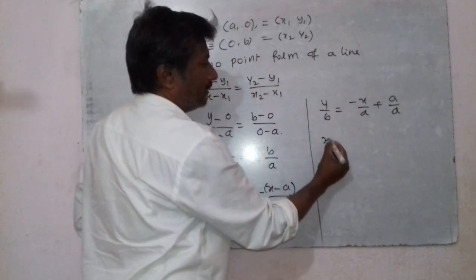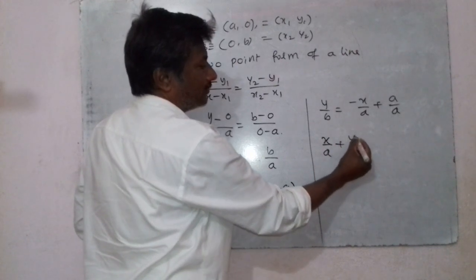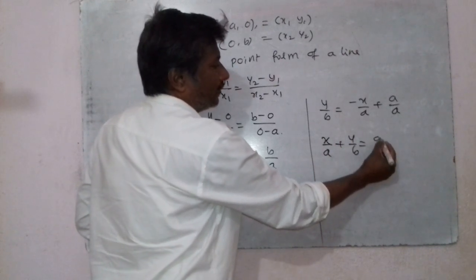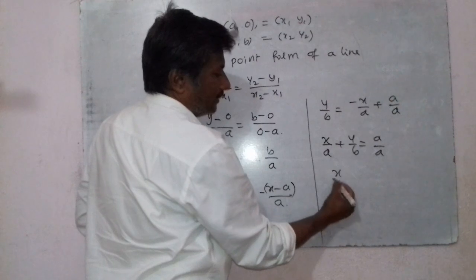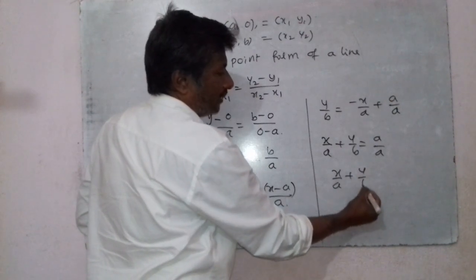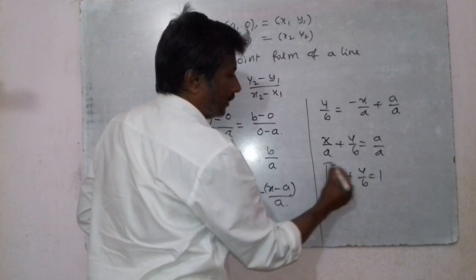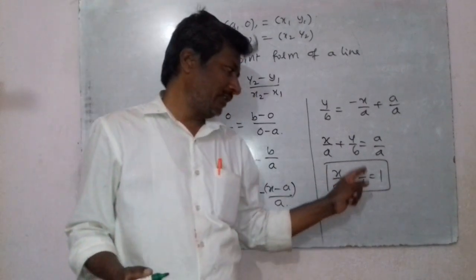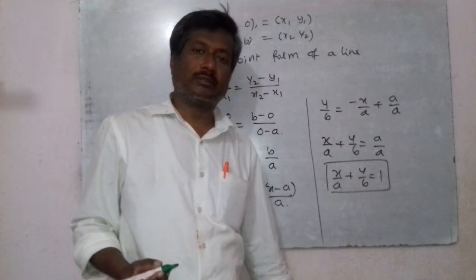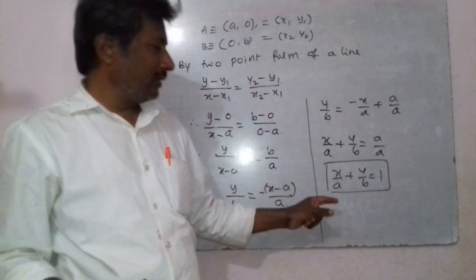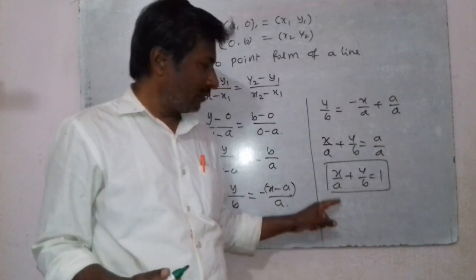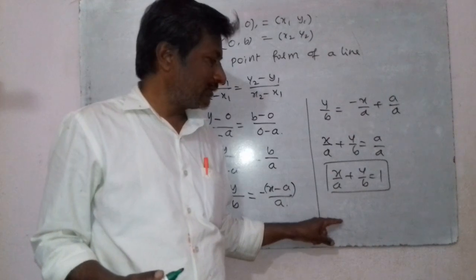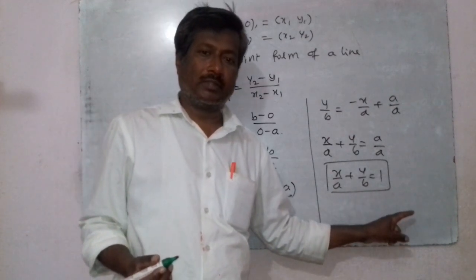Bring this side: x by a plus y by b equals 1. So x upon a plus y upon b equals 1 is the equation of the line in intercept form, where a is the x intercept and b is the y intercept.